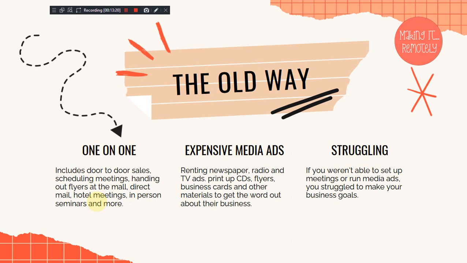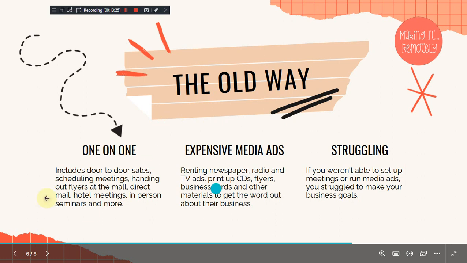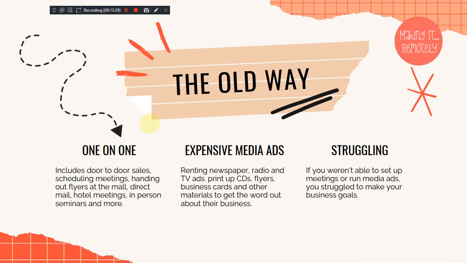I mean, just all kinds of stuff, right? And the thing that you have to remember is, that was the way that people made money. That was how people who were in sales, in network marketing or direct sales companies, made their money. And if they wanted to really do well with their commissions, that was what they had to do.